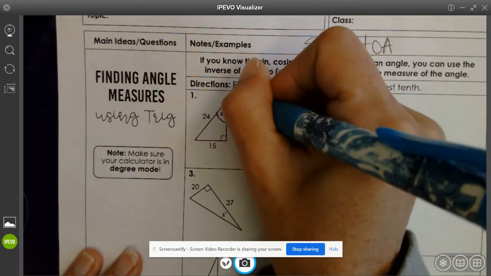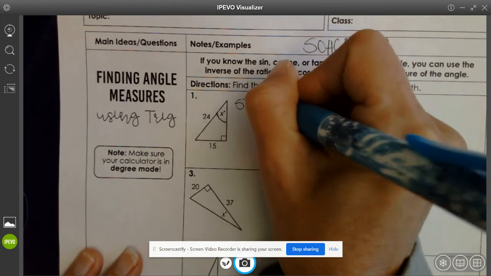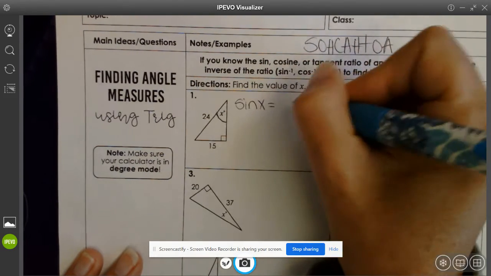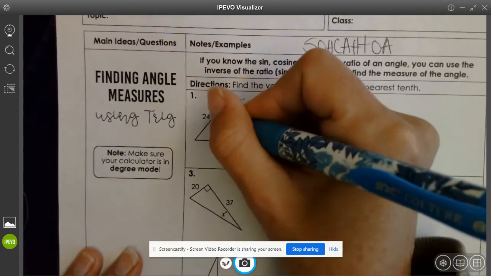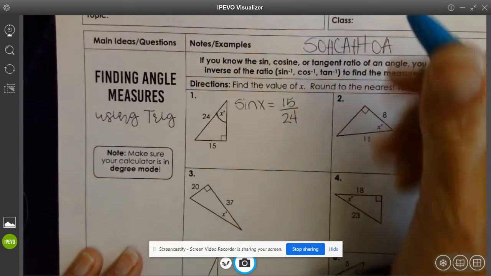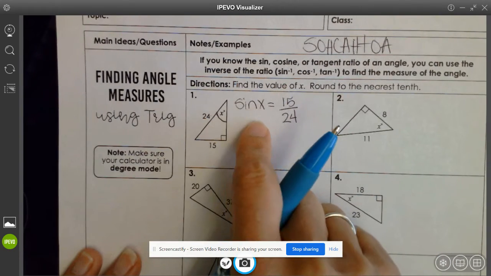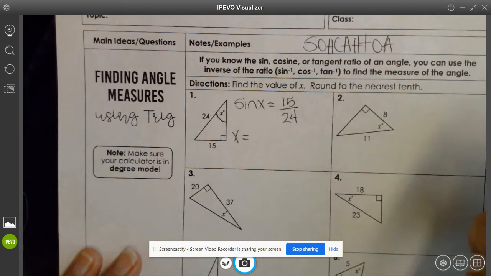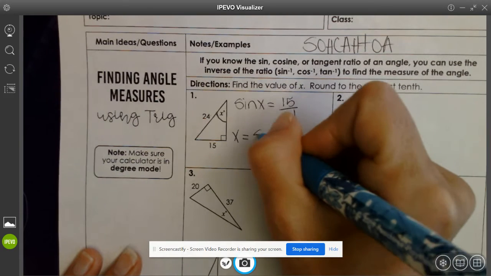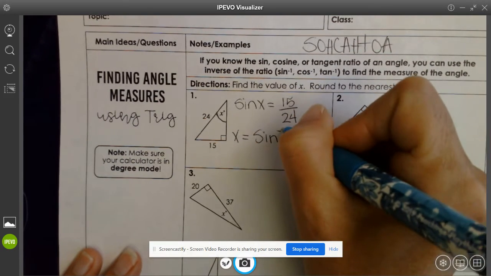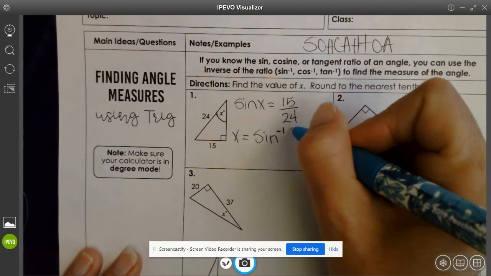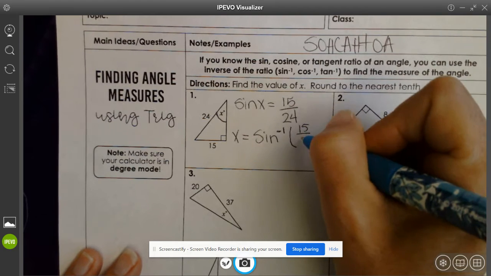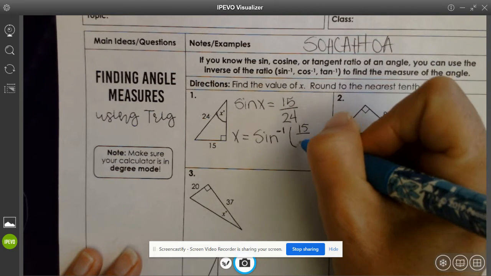So we have sine of x, because we don't know that angle, equals opposite 15 over 24. Now if I get rid of that sine algebraically, I'm going to get x equals the inverse of sine, sine to the -1, of 15 over 24.